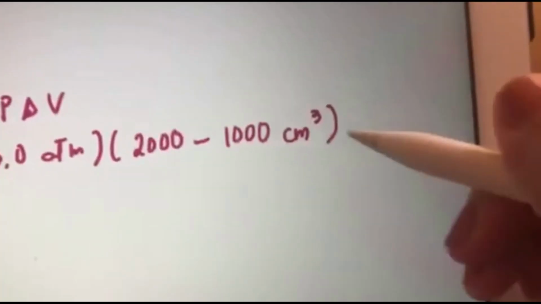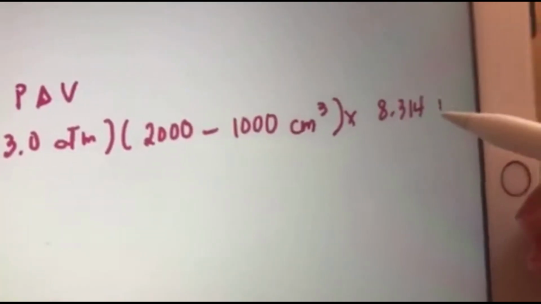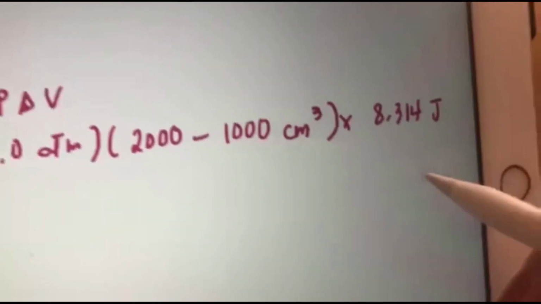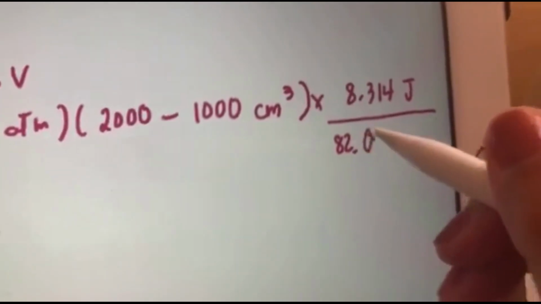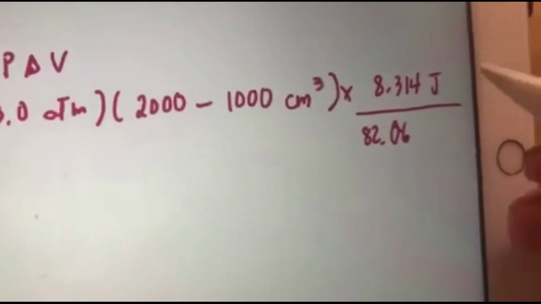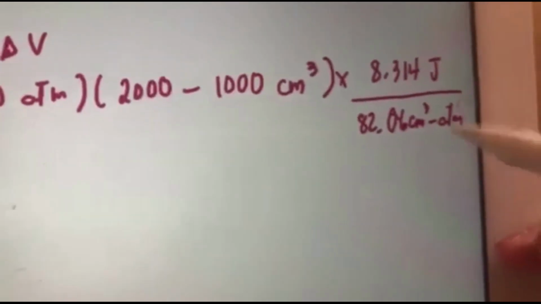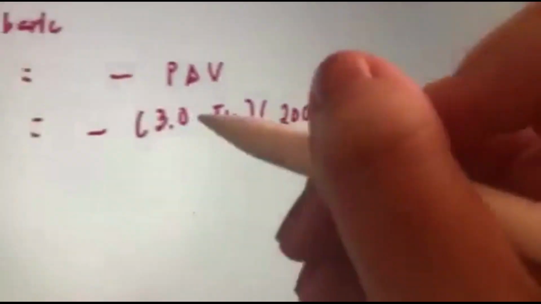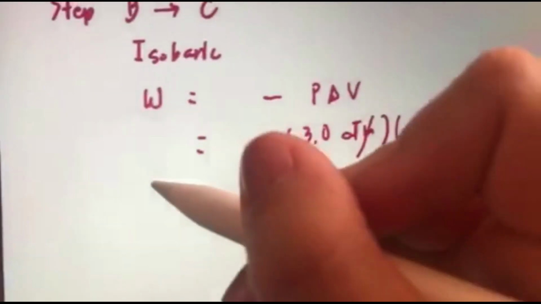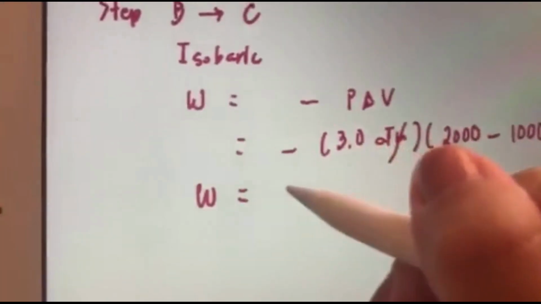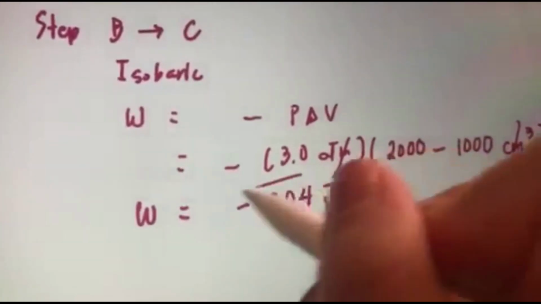With a factor to convert it to joule, times 8.314 joule divided by 82.06 cubic centimeter atmosphere. Calculating, work is equal to negative 304 joules.